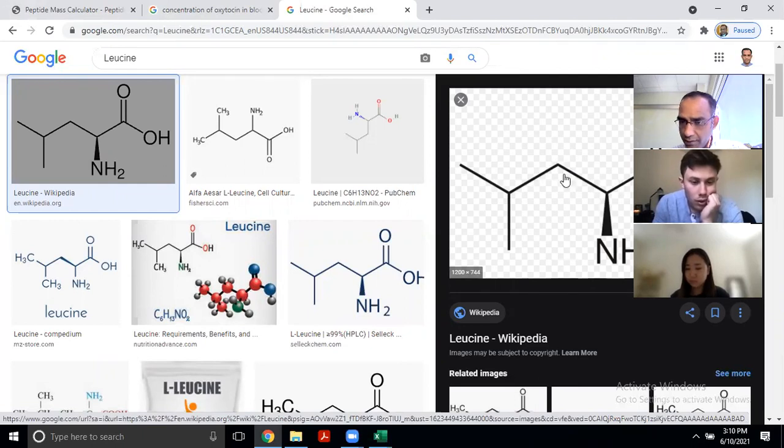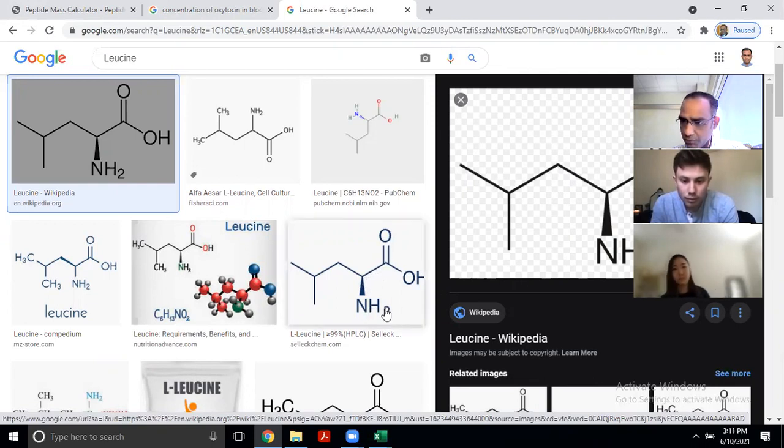So if there is a bend here, I will say this is C here, this is C here, this is C here. So C, C, C, C, C, O, O, H, NH2. Got it? So a bend or a corner means carbon.